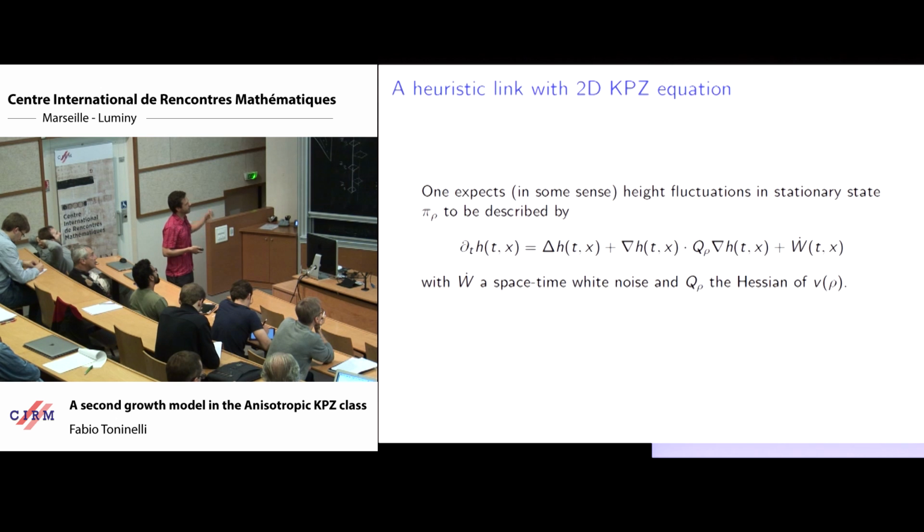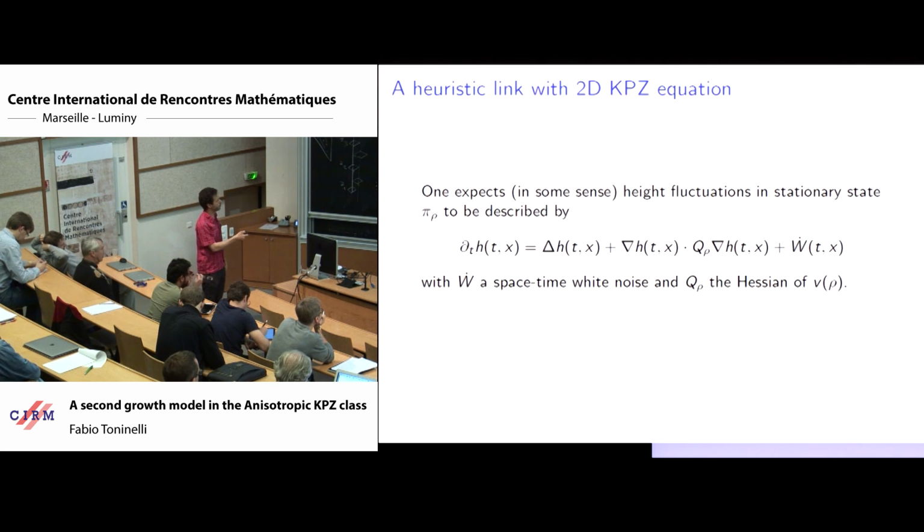What one expects heuristically is that if you look at fluctuations on large space-time scales, subtracting off the average increase of the height, the fluctuations are in some sense described by a stochastic PDE of the following type.